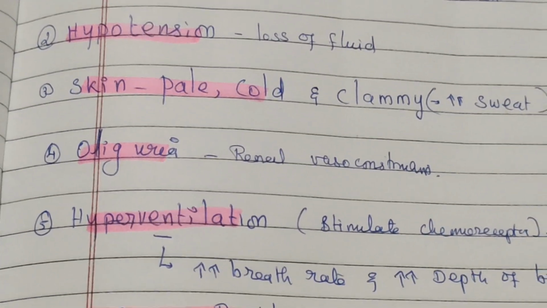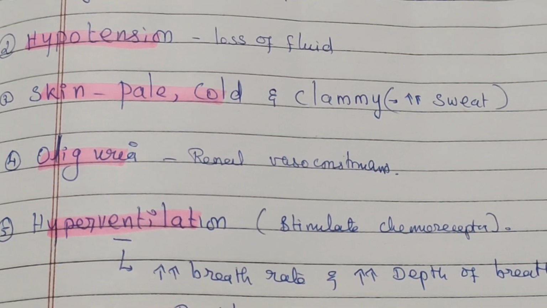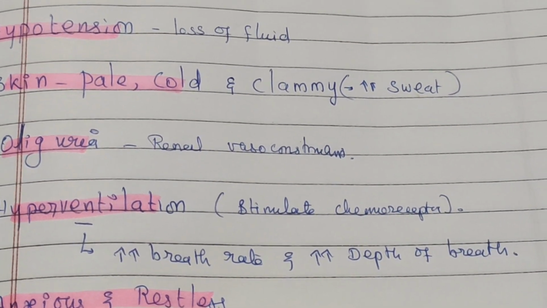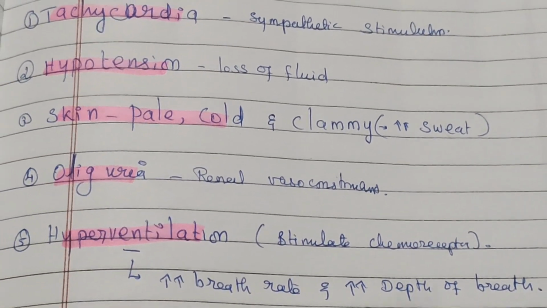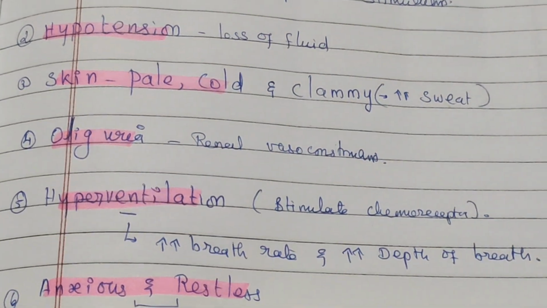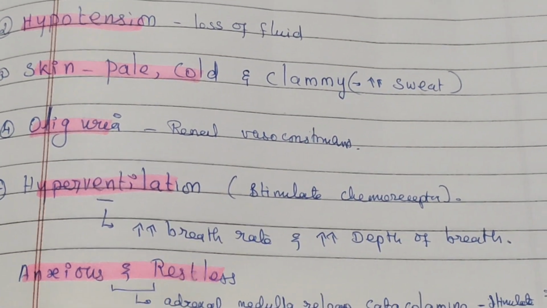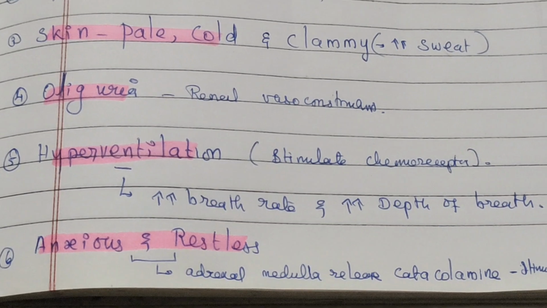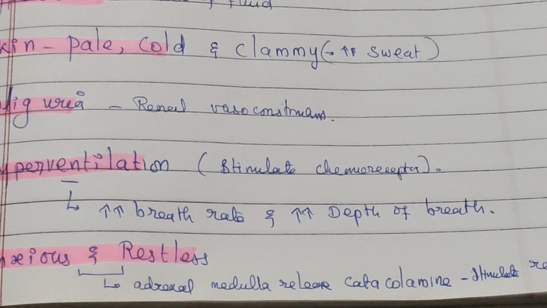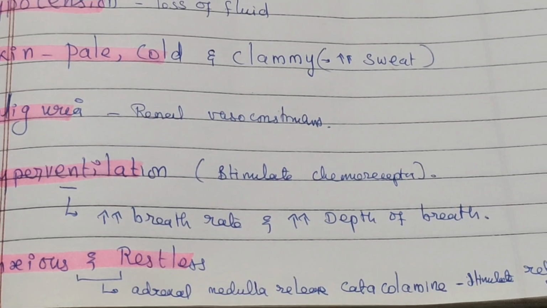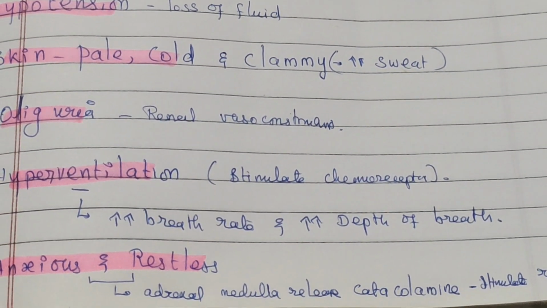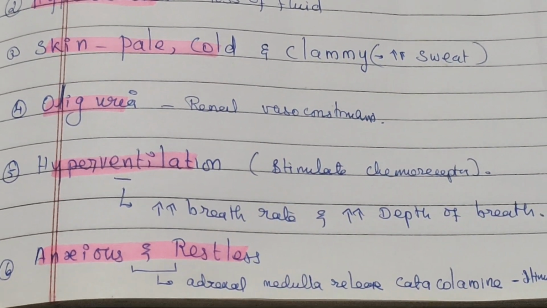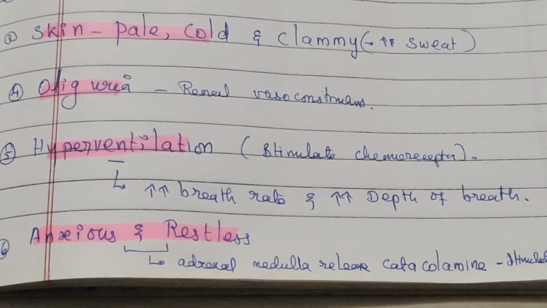Then hyperventilation, because of stimulation of chemoreceptors. Hyperventilation means an increased rate of breathing and increased depth of breathing. The last one is anxious and restless, because the adrenal medulla releases catecholamines, which stimulate the reticular formation and make the patient anxious and restless. So this is all about clinical features.